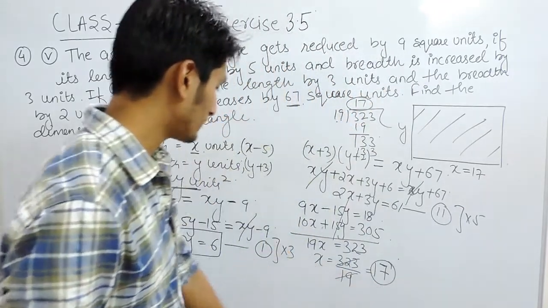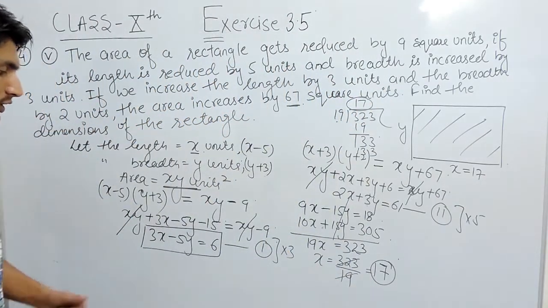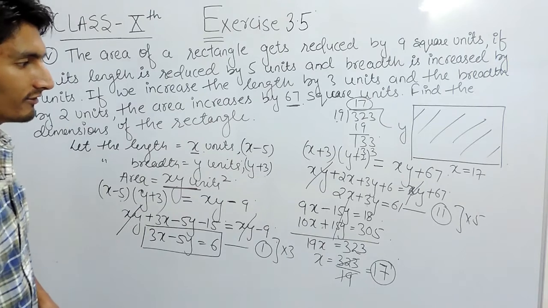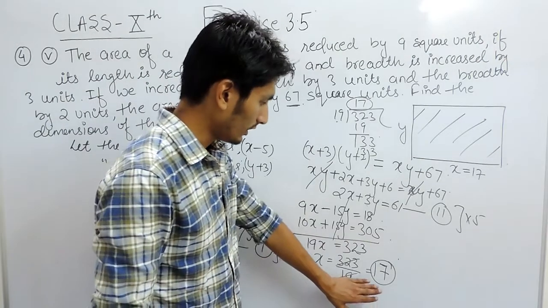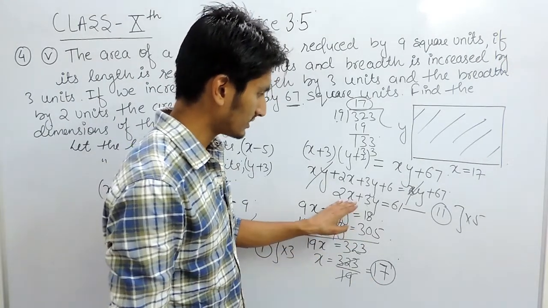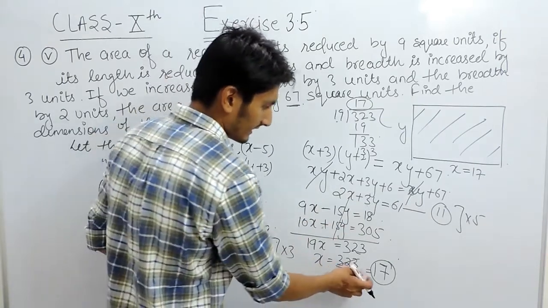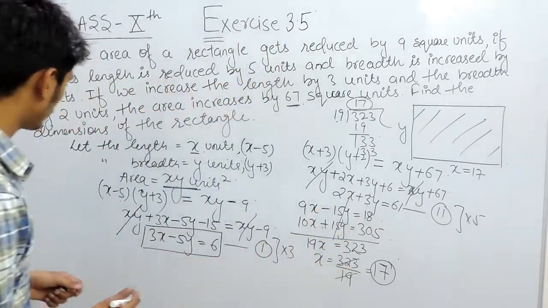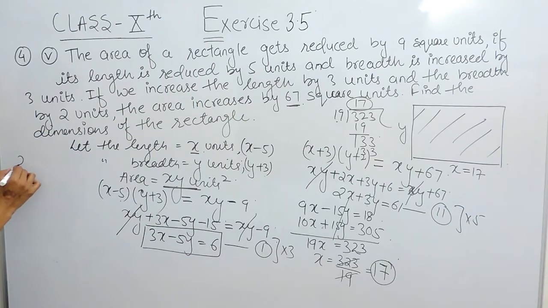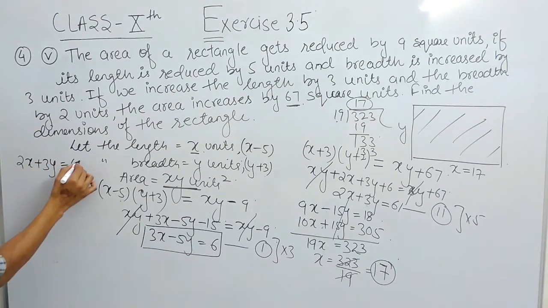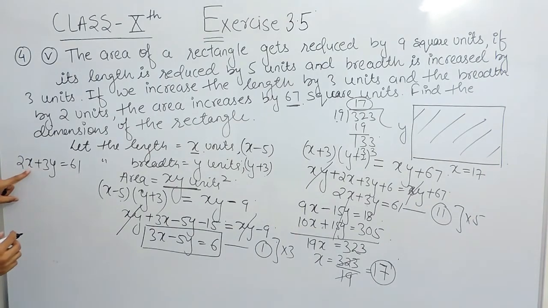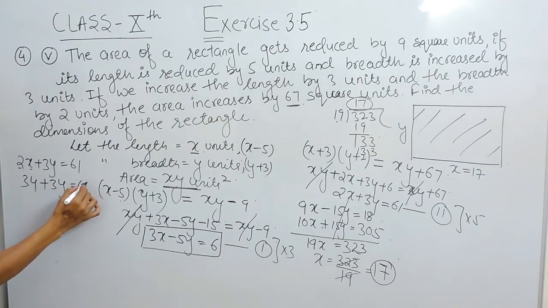And if you substitute this value in any of the equations, you will be able to find the value of y. So substitute this value in this equation. So 17 when substituted, the equation is 2x plus 3y is equals to 61, and when you substitute x is equals to 17, this is 2 multiplied by 17, this is 34, this is 3y, this is 61.